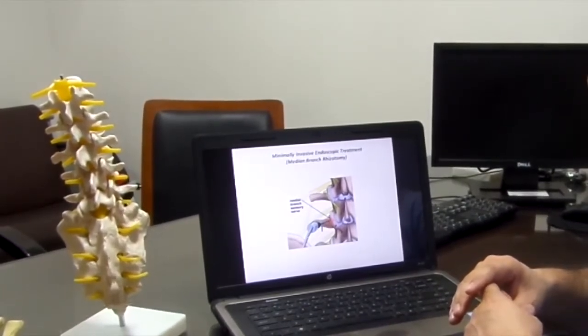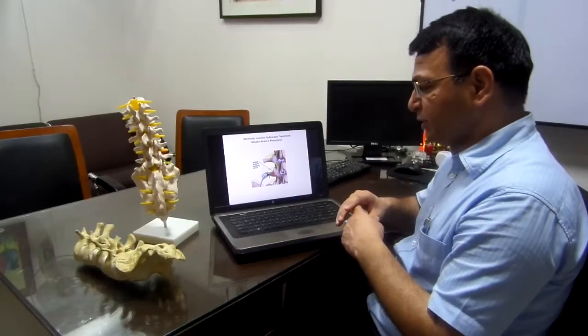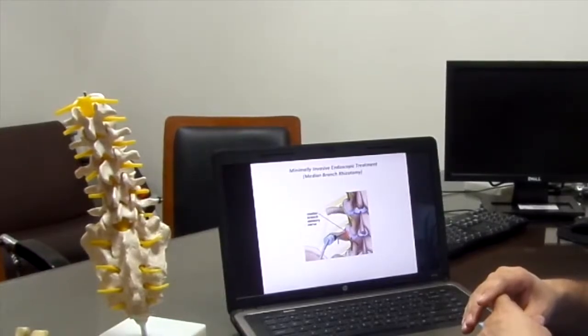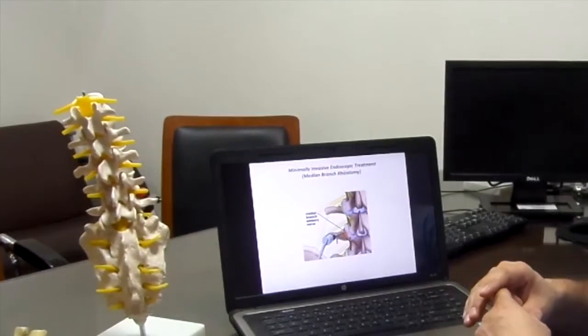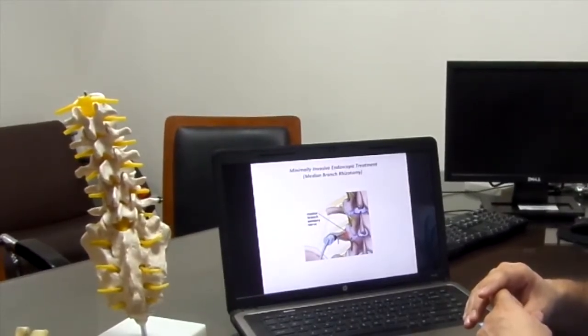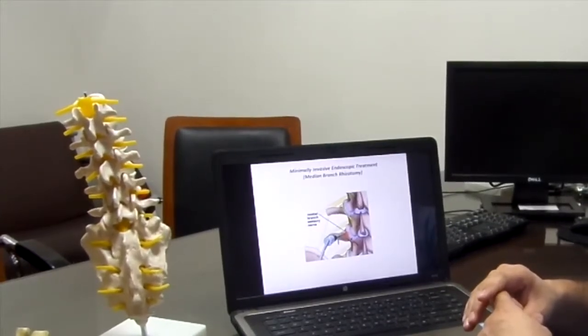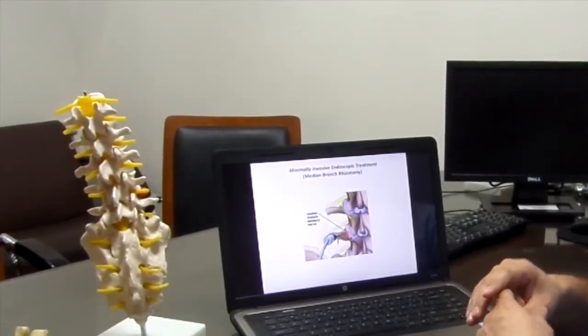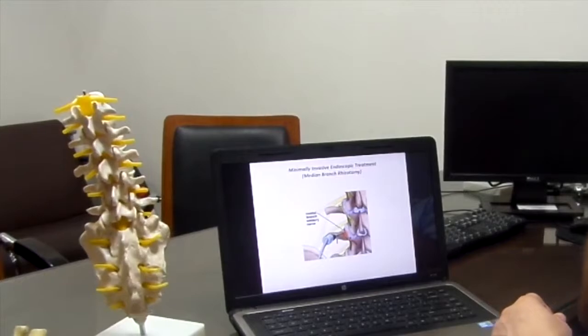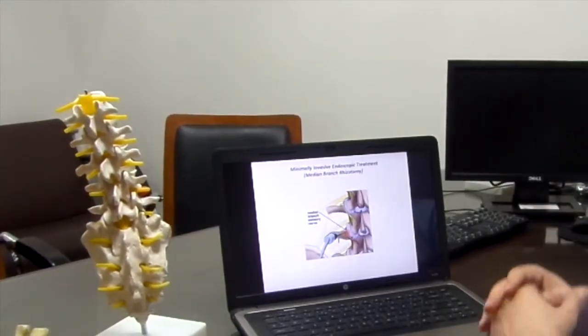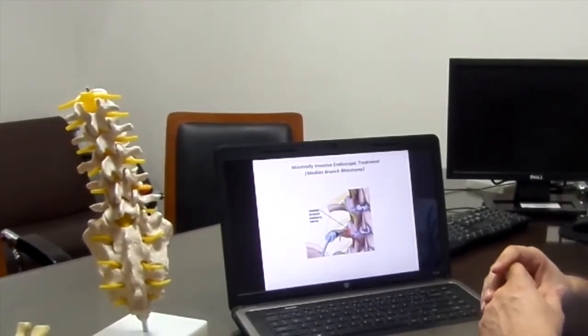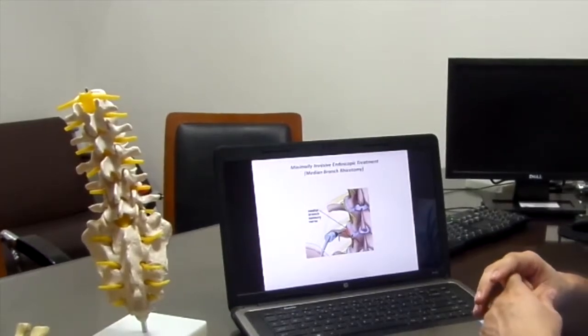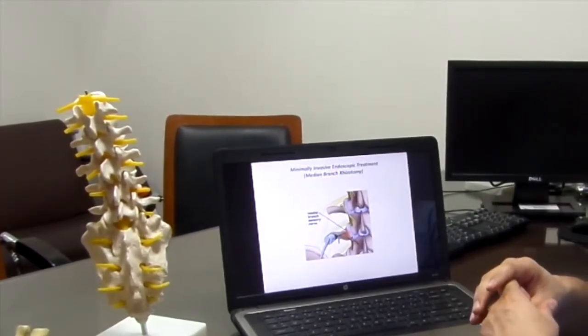But the better method is a minimally invasive endoscopic treatment, where a miniature camera is introduced, which gives magnified and large images of that area to the TV monitor, and the surgeon is able to see this area with his eyes, and then he is able to identify the nerve and then use bipolar electrical signals or radio frequency probe to ablate the nerve.